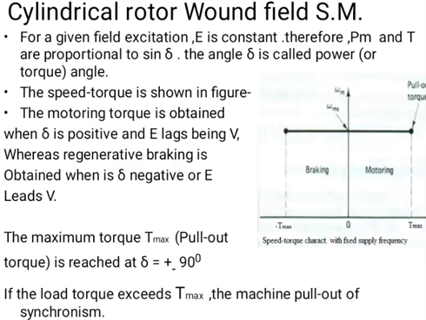Now we will draw the torque-speed characteristic. According to that, for a given field excitation, E is constant. Therefore mechanical power and torque are proportional to sin delta, and this delta is called the torque angle or power angle, as we studied in the previous slide.